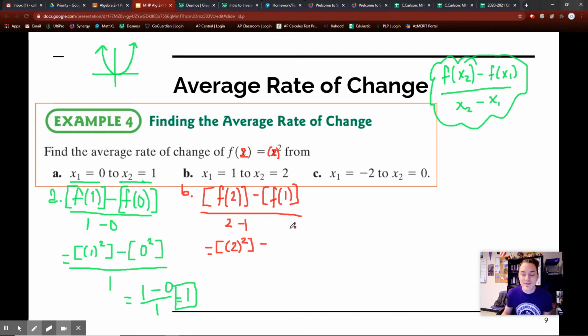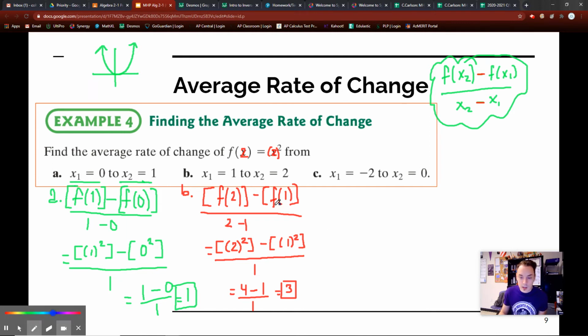And then minus, because that's my formula, and then on the bottom, brackets, f of 1. I'm going to plug in 1 in that formula, so just 1 squared again. And then 2 minus 1 is just 1. What's 2 squared? 4. What's 1 squared? 1. Divided by 1. So this is just 3 all over 1. Perfect.